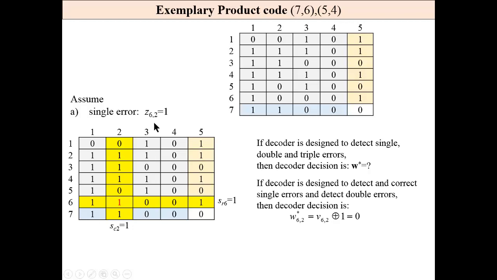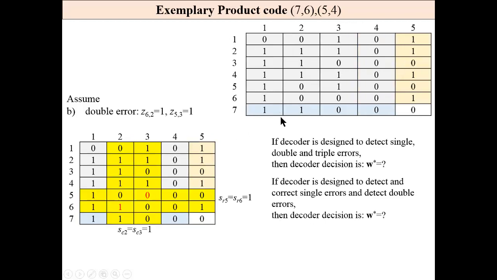An exemplary transmission. Let me assume that the erroneous bit is here, at the crossing of the 2nd column and 6th row. Then the parity check sums are 1 in this column and this row, and this points to the erroneous bit, which can be corrected from 1 to 0. Another transmission, a double error.